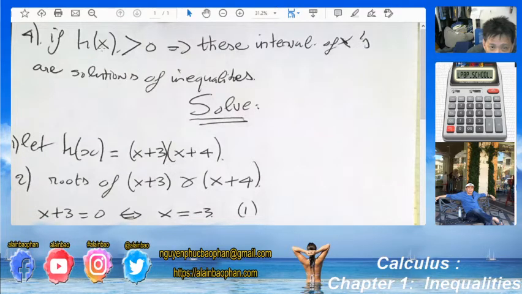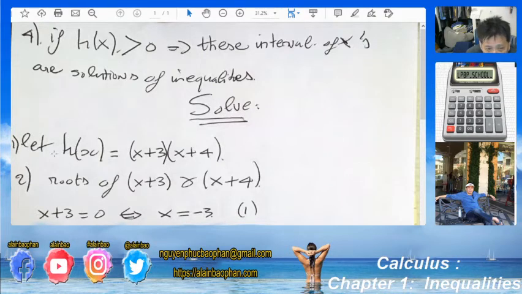Any value of x such that h of x is greater than 0 gives the intervals of x as the solution of the inequality. Okay, so let's solve that problem. We have x plus 3 times x plus 4 greater than 0.